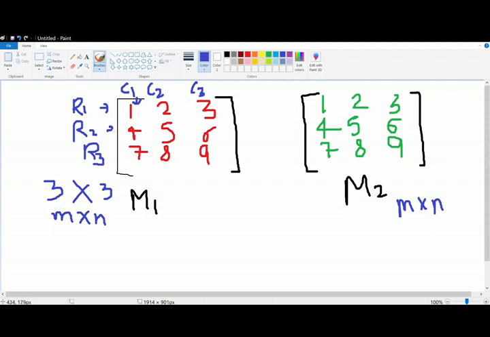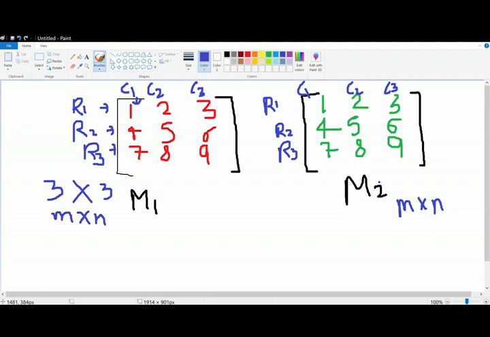So the same thing is followed for the second matrix also: R1, R2 and R3, C1, C2 and C3. So in this situation we have to add the matrices.